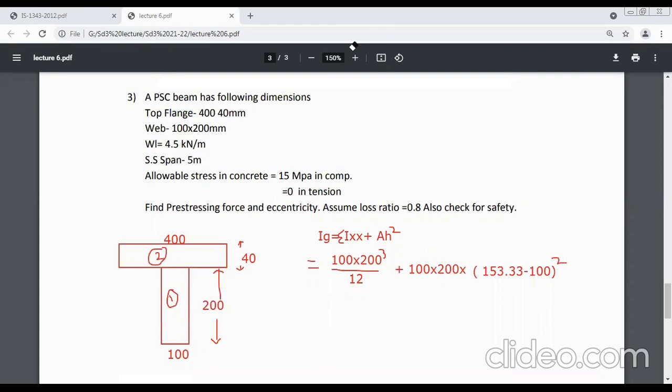Then plus, again for the flange, BD cube by 12 means it is 400 into 40 cube by 12.